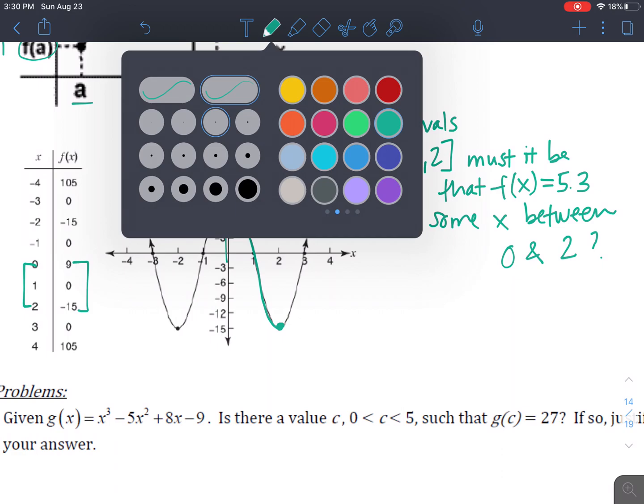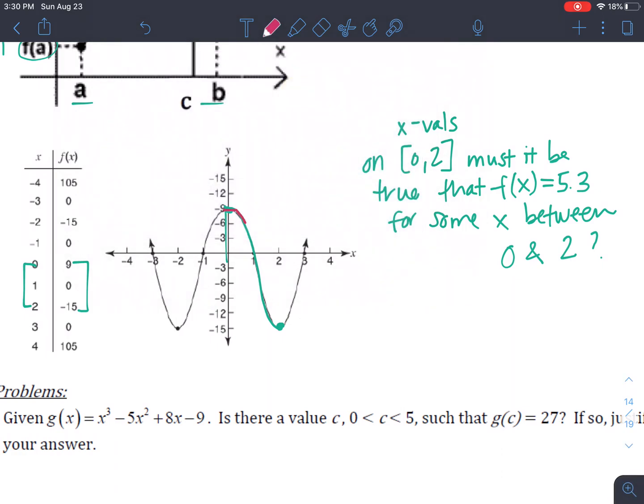At some point in this journey on my graph from 0 to 2, again x values, did I hit a y value, or function value, of 5.3? Yeah, I did, right? It was somewhere maybe around here. So how could I show that with just a table? Well, take a look. We started at 9. We ended at negative 15. Is 5.3 in between those points?